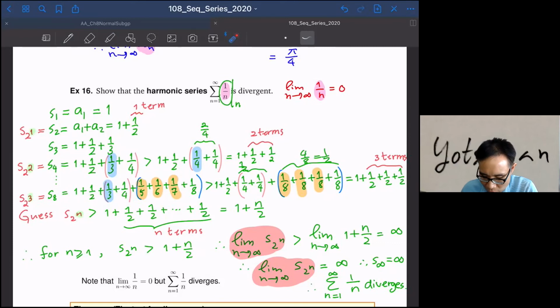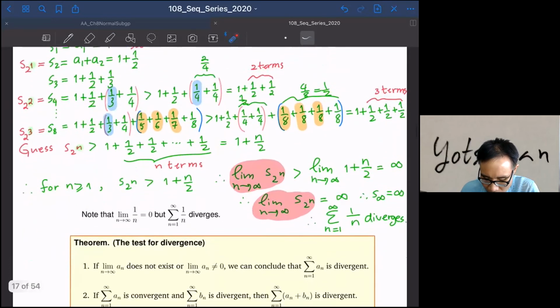So it means that your series turns out to be divergent. That will be just an example for the harmonic series. And the harmonic series provides you the example where the limit of an equals 0, but the series turns out to be divergent.